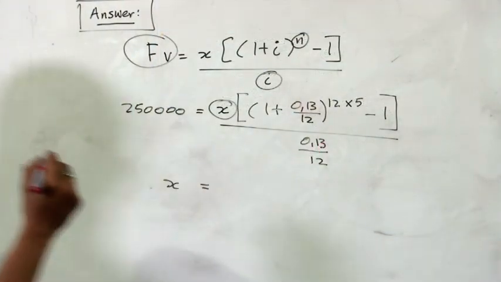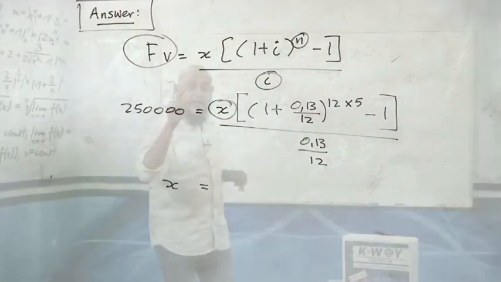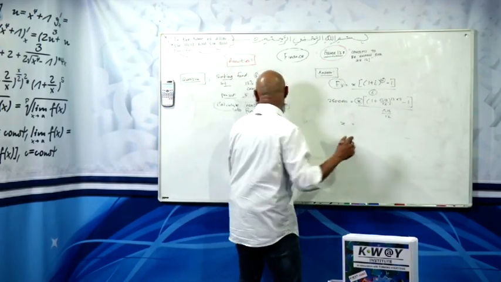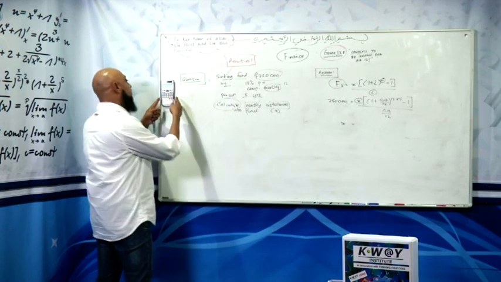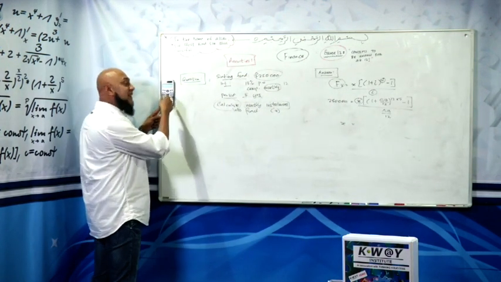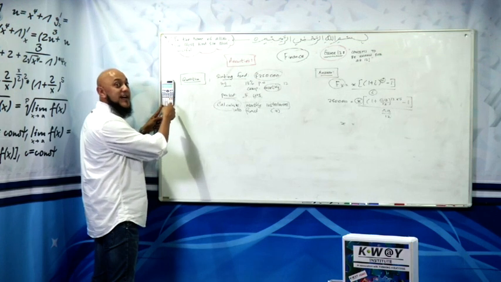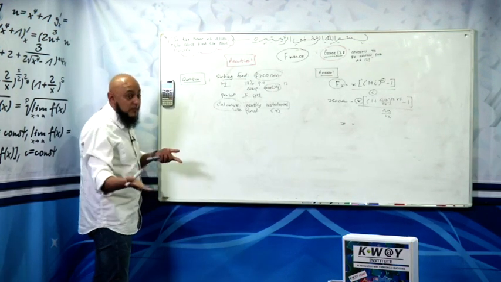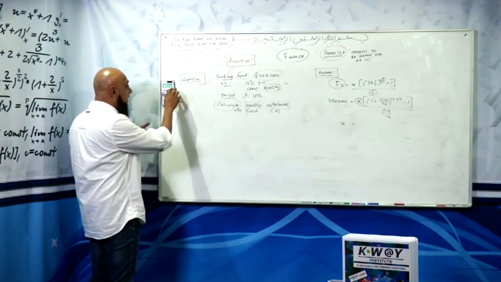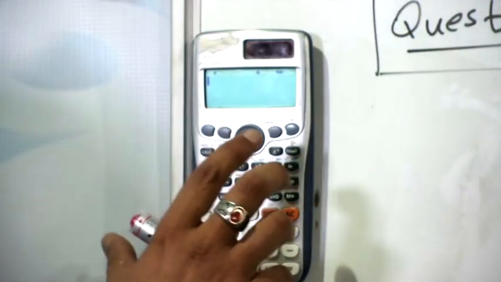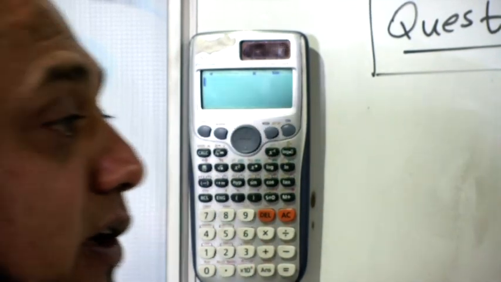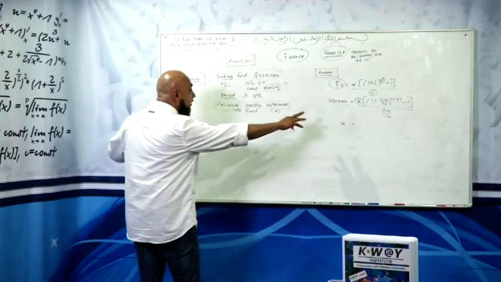Get your scientific calculator out. Mr. Cameraman, zoom in, show the viewer that's the calculator they need. If you're using any other calculator other than this, you are in trouble. This is the natural display. Please make sure that you get this calculator. Okay, I'm going to show you now how it's done.